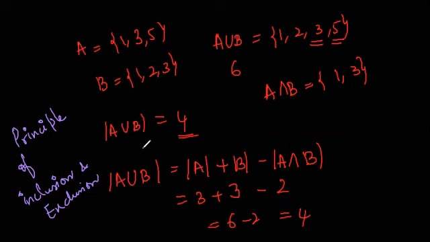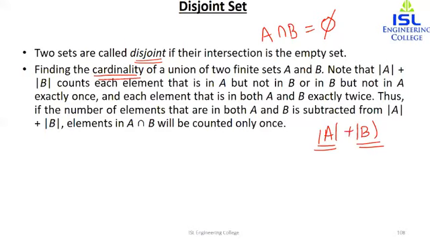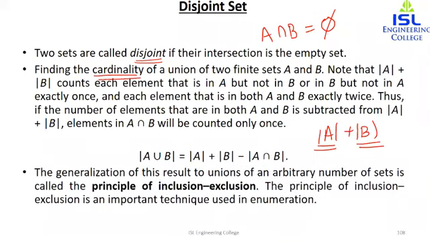This principle is a very important technique which is used in enumeration, that is counting, and we will study this topic again in unit 3. So the same thing: A union B is equal to A plus B minus A intersection B, the principle of inclusion exclusion.